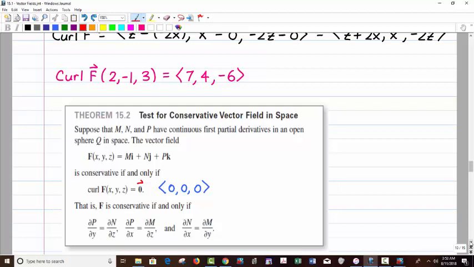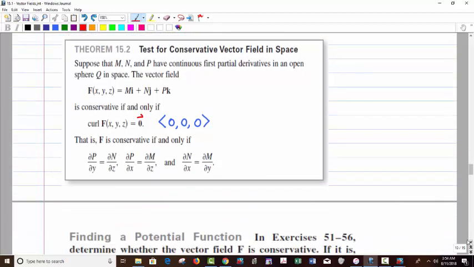Well, maybe it's more tedious. The other one's also straightforward, but it's a little more tedious. You have to calculate the curl. And a vector field in space is conservative if and only if the curl is the 0 vector, meaning you get 0, 0, 0 when you perform the curl.